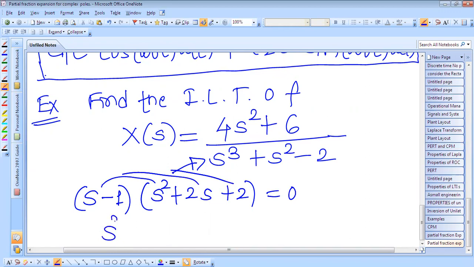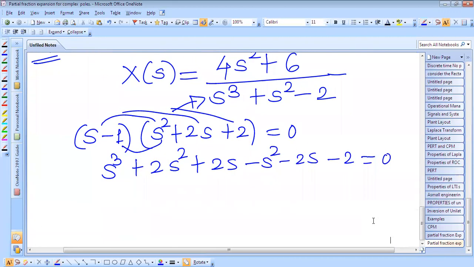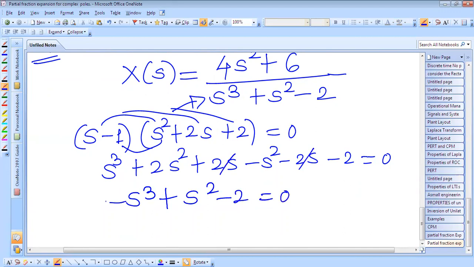what will be there? s³ + 2s² + 2s, and again minus s² minus 2s minus 2 is equal to 0. So if you solve this, you will get s³, 2s² minus s², and the remaining terms cancel, so we will get the same equation.